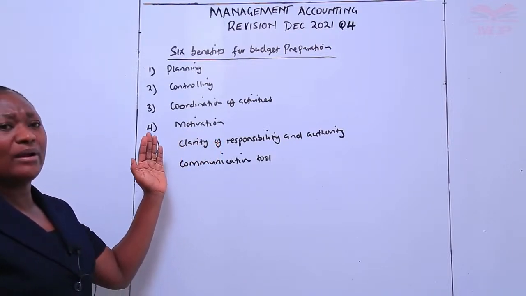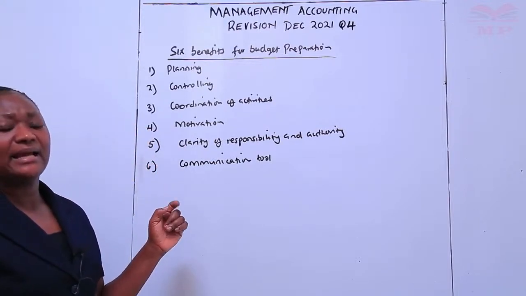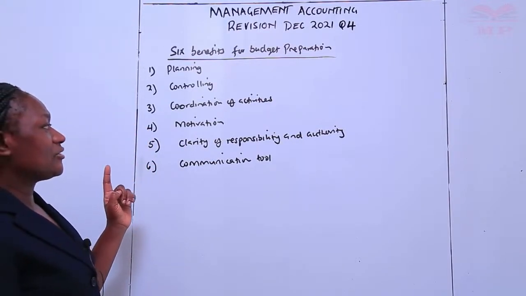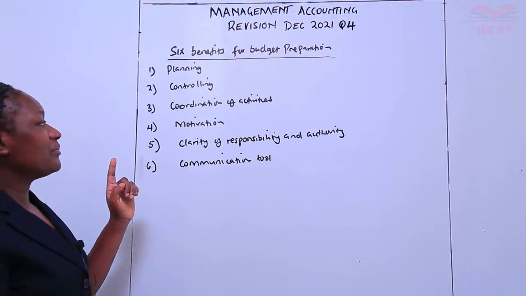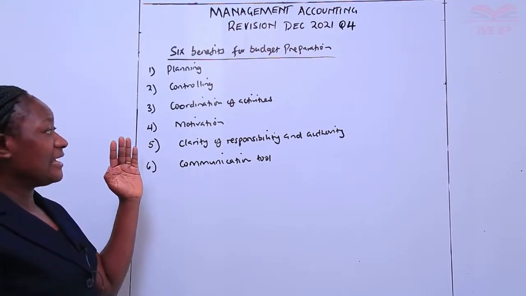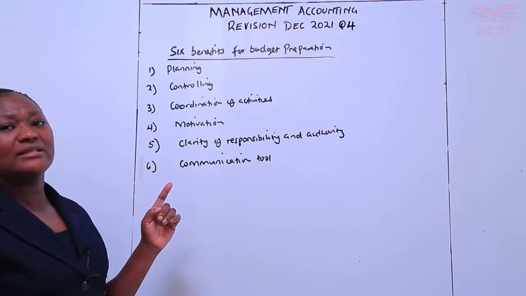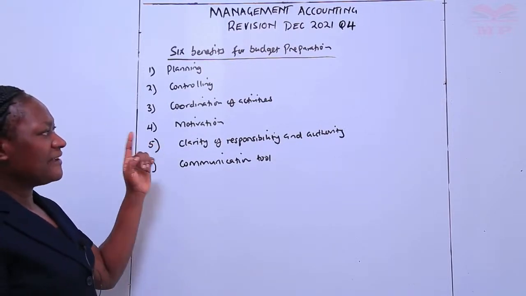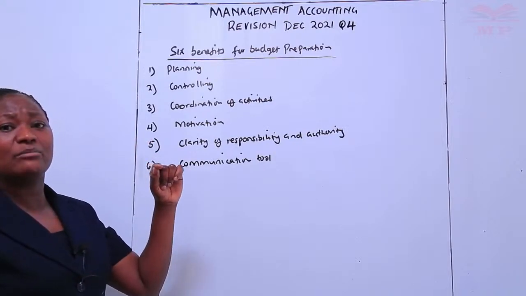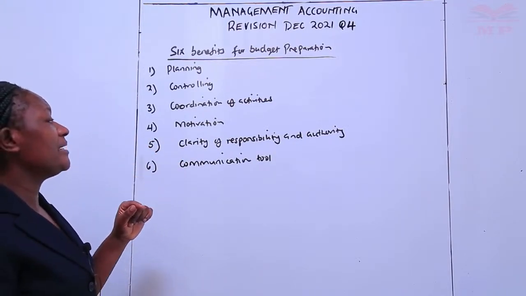So, like when we have a plan of producing 100,000 units, the manager who is responsible for the production department will have to ensure that he is able to produce 100,000 units. And so how does he do that? He is motivated to produce 100,000 because it is laid down in that budget for it to be met.